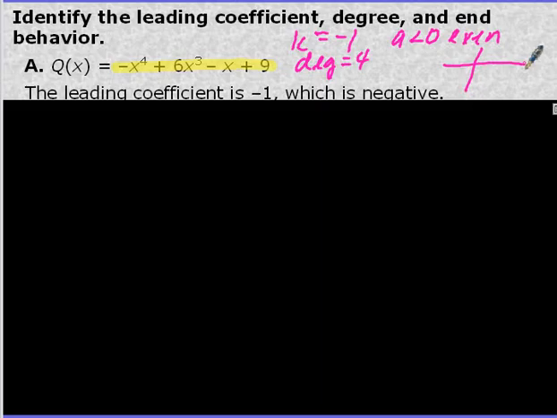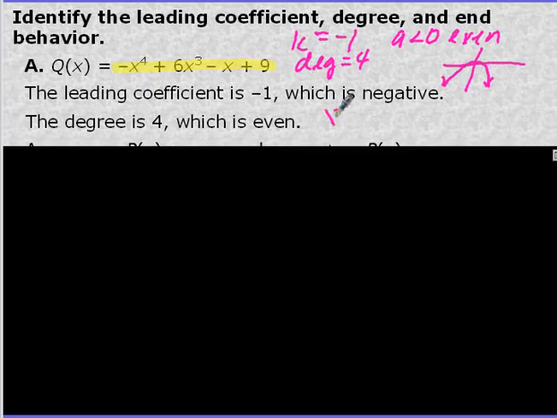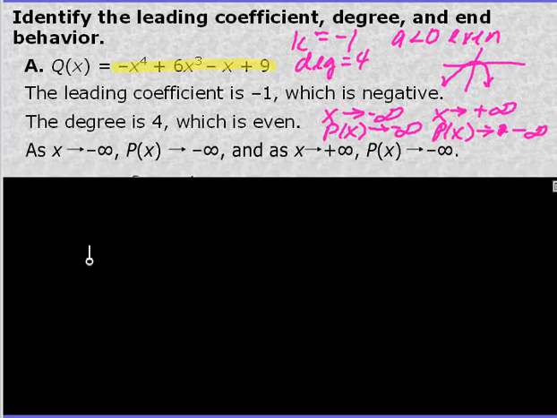So that means as x goes to negative infinity, p of x is also going to go to negative infinity. As x goes to positive infinity, p of x also goes to negative infinity. So either way, p of x is going to be headed toward negative infinity. And that's what is summarized here.